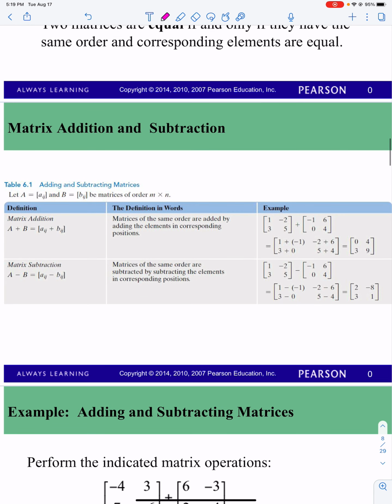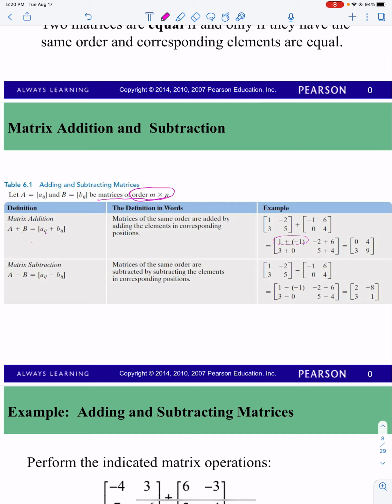And how could you add or subtract matrices? When could you do that? When you have the same order, m cross n. When you add or subtract, you just add or subtract the corresponding values in the same location in the matrix.